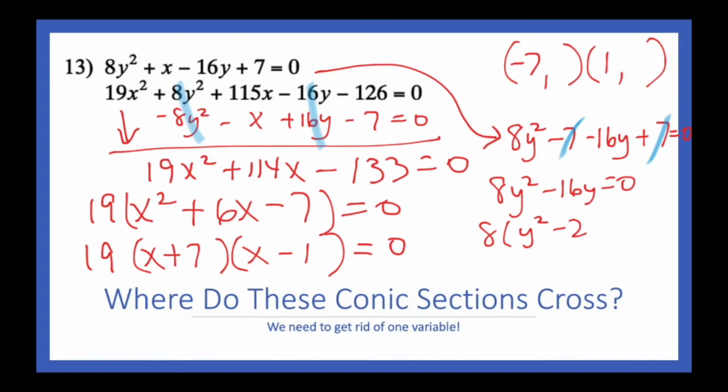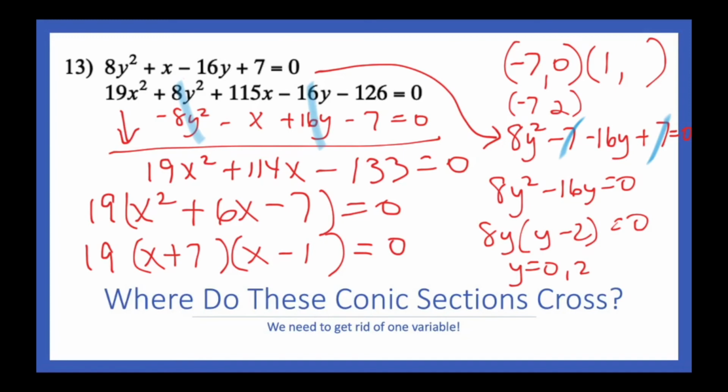Actually, let's take out an 8y. So we'll have y minus 2 equals 0. I'll get 2 answers. Set that equal to 0, so y equals 0. And set that one equal to 0, so y equals positive 2. Now, we plugged only one thing in, but we got 2 answers. So that means we have 2 ways that negative 7 can cross with this. So we're going to have a 0 and a 2.